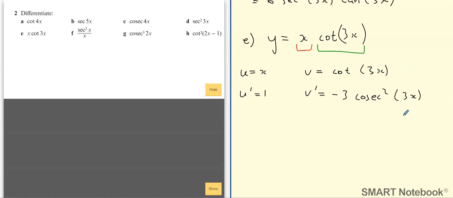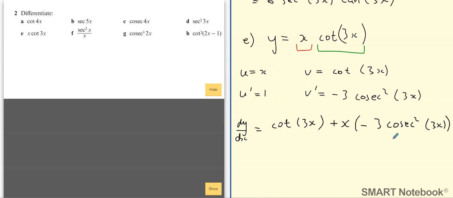Now we need to use the product rule. So v times u dash, so dy by dx equals cot 3x times 1 is simply cot 3x plus x times minus 3 cosec squared 3x.